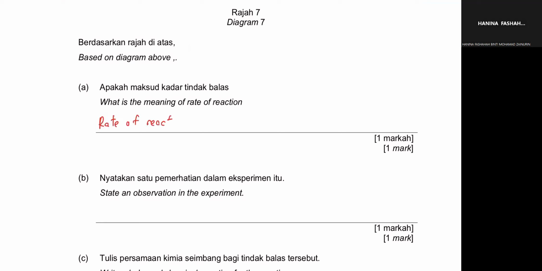Rate of reaction, remember, is either the change in quantity of reactant per unit time or the change in quantity of product per unit time.